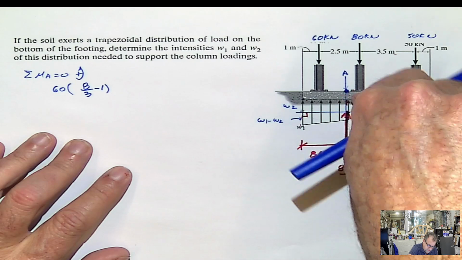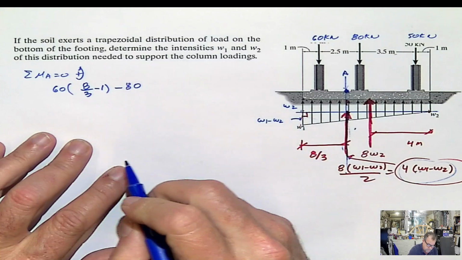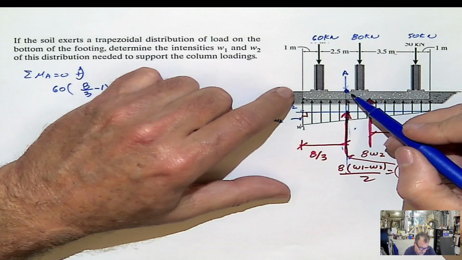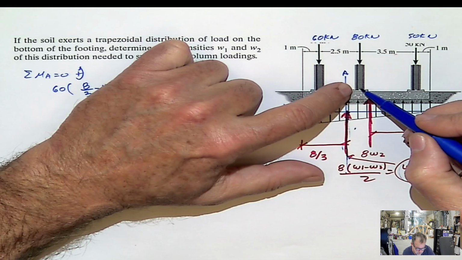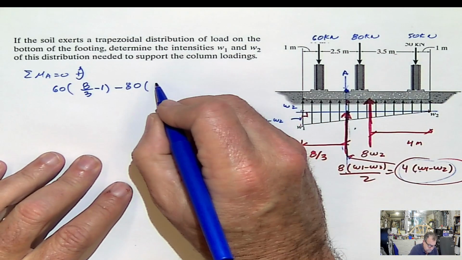The other one will be negative, this force, negative 80, multiplied by the distance from this point as well. What is that distance? That distance will be this distance, right? And this distance will be 3.5 minus 8/3.